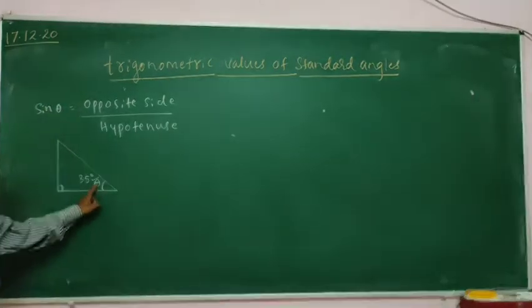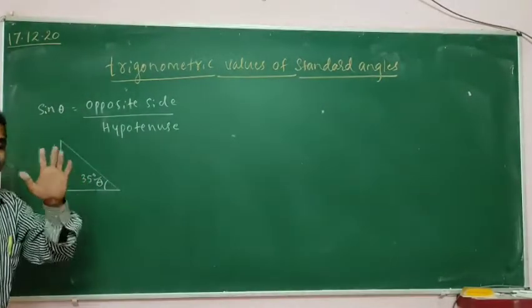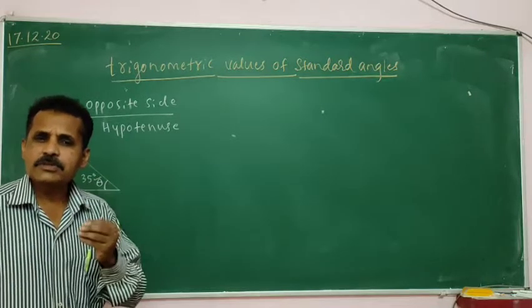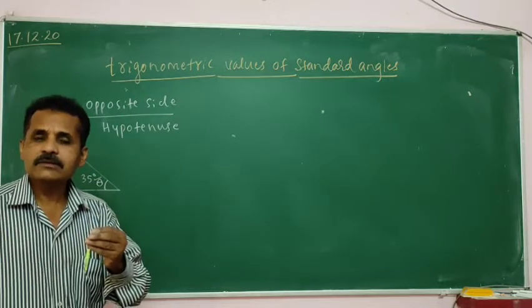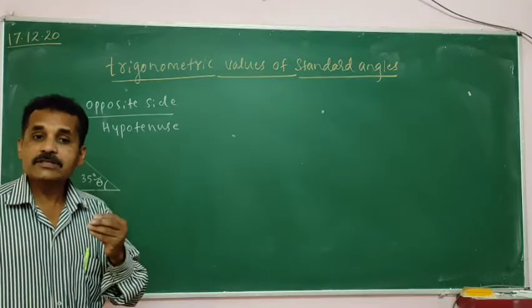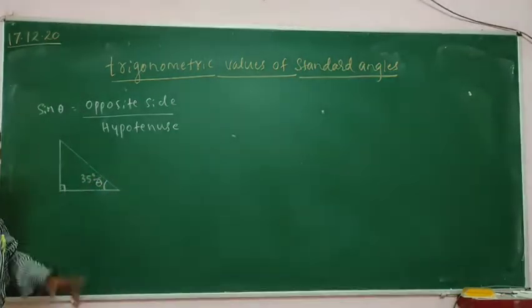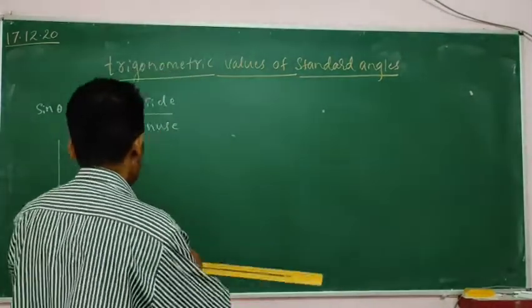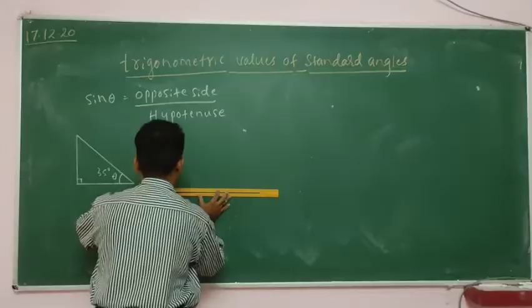In the place of theta, I have substituted 35 degree. My question is, is it possible to find sin 35 degree or cos 35 degree, any angle? I will show you how to find it.